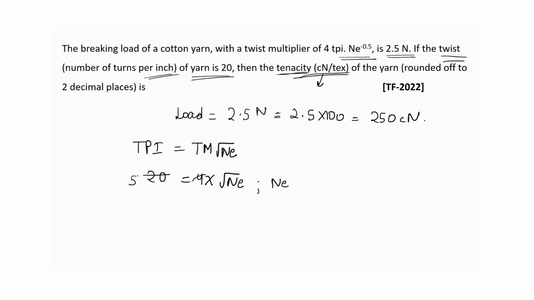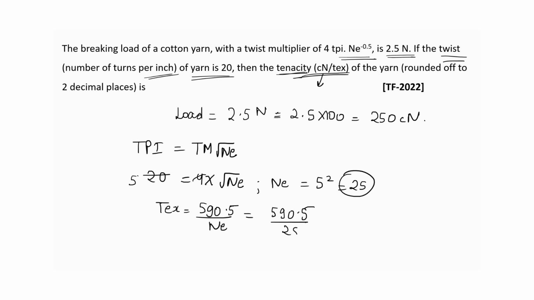So NE is 5 square, equal to 25. Now how to calculate the tex, since we have to calculate tenacity in tex? Tex is 590.5 upon NE. So 590.5 upon NE, which is 25. If you calculate, it will come out to be 23.62.